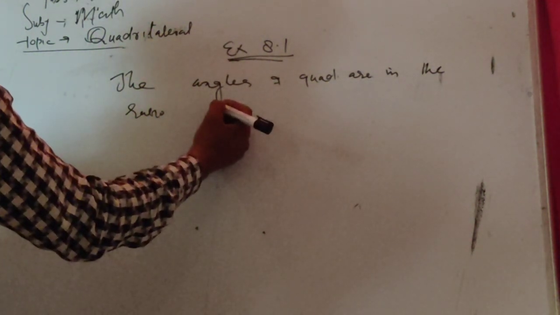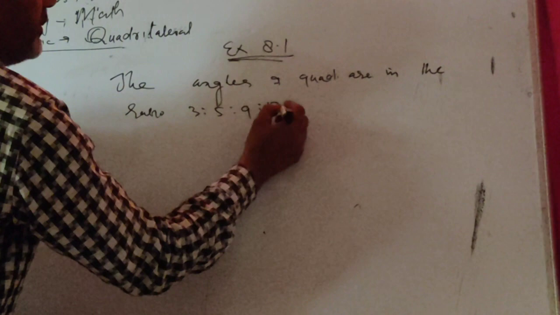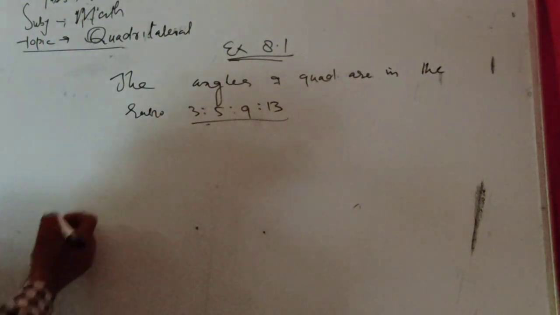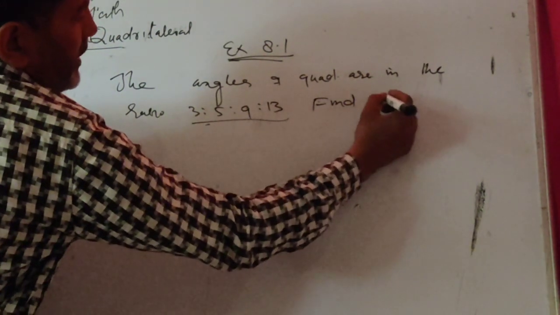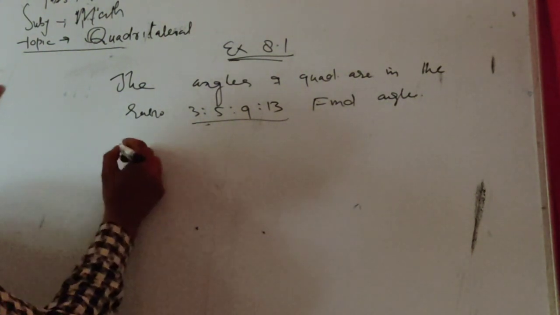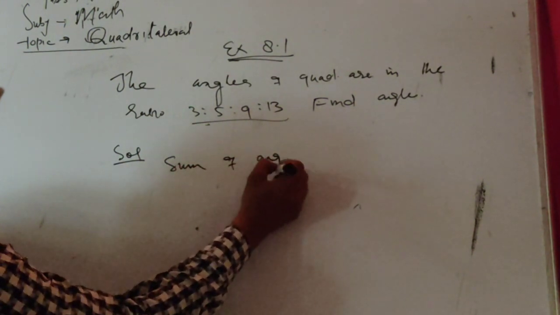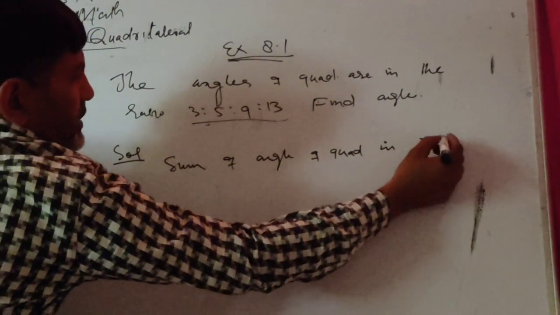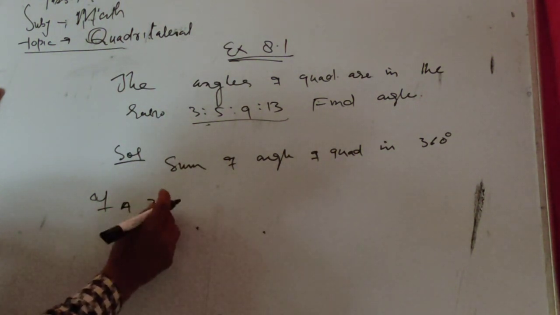3:5:9:13. Find all angles. We know, as I told you just now, that the sum of angles of a quadrilateral is 360.